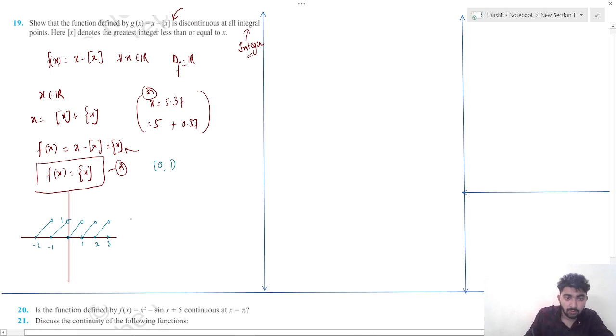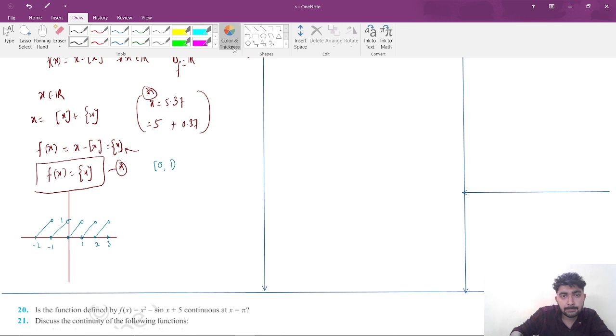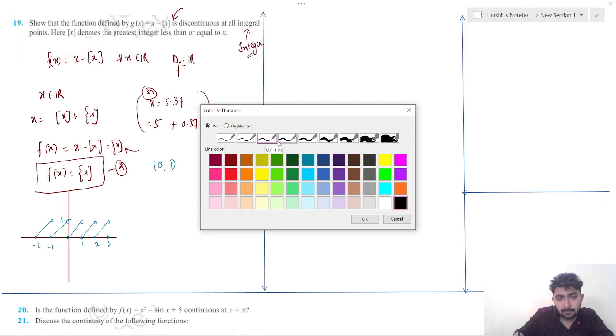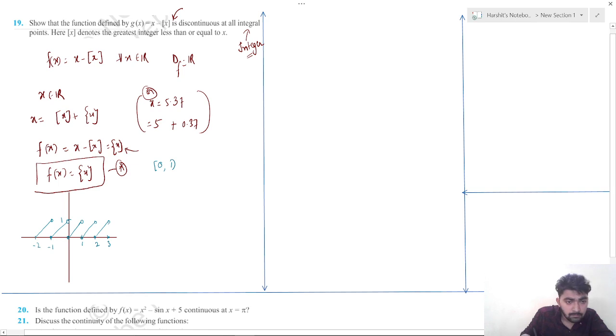Now we need to observe one thing here. Suppose we are taking 1 and checking the continuity of this function at 1. When x approaches 1 from the left side, f of x approaches 1 also.